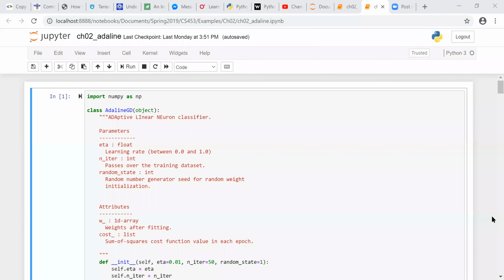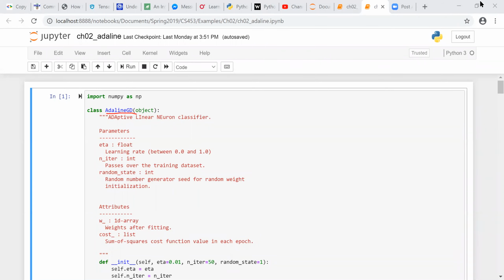Next, let's move to the coding part. Let's take a look at the Adaline coding. Like I said, sklearn doesn't have this model, so here we define our own Adaline class.